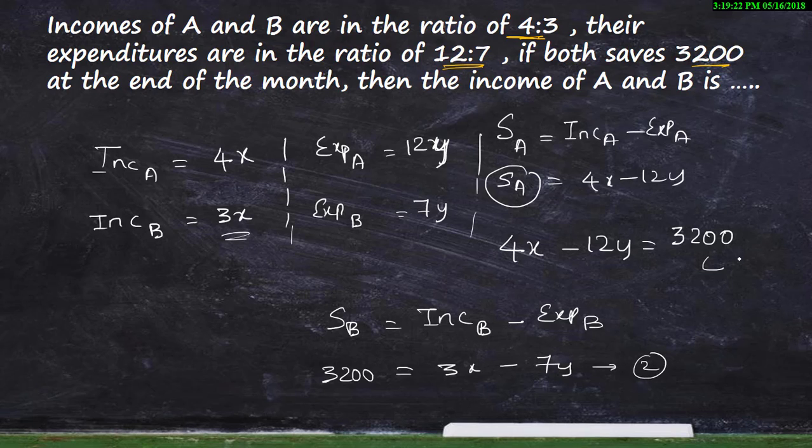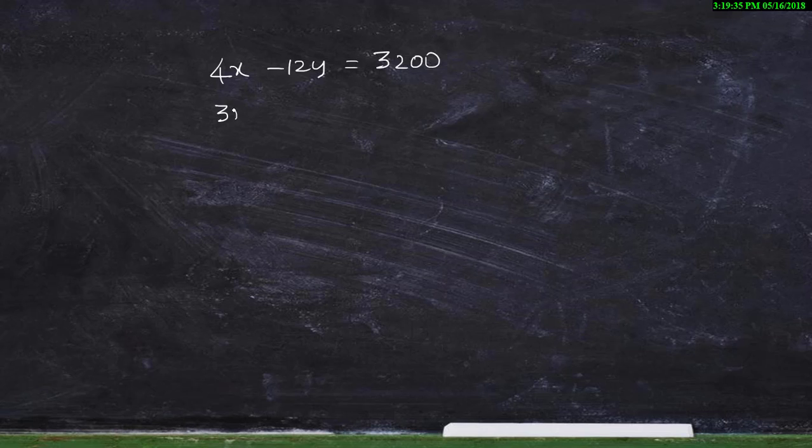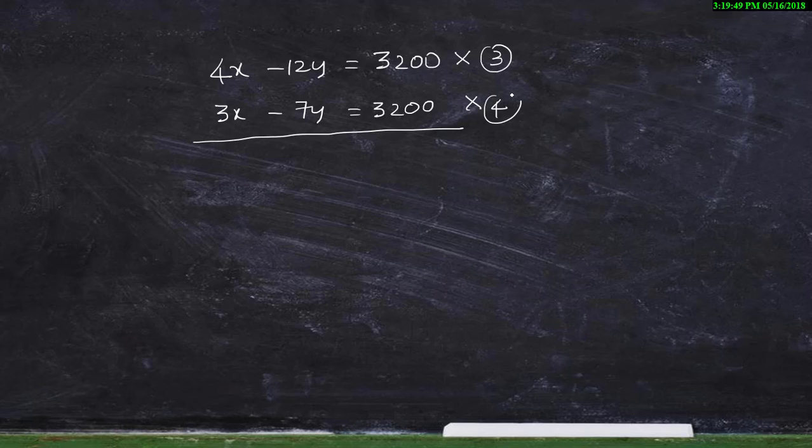This is equation 2, and this is equation 1. I'll just rewrite: 4x minus 12y is equal to 3,200, and 3x minus 7y is equal to 3,200. Just multiply this equation with 3 and this equation with 4.